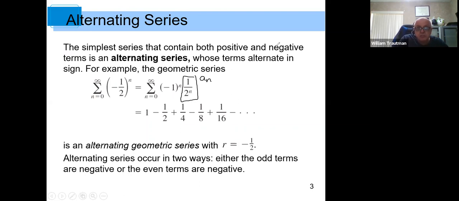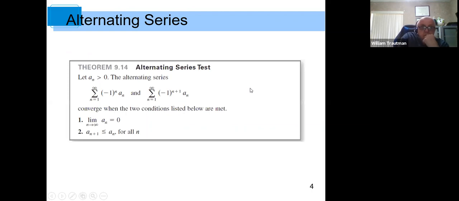All right. So the alternating series test says the a sub n part has to be positive, and it's an alternating series, like we said. The limit of just the a sub n part has to be 0. And each successive a sub n term needs to be lower.